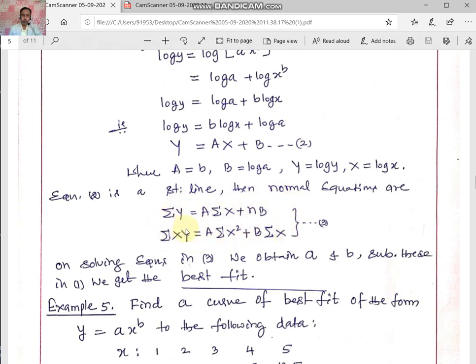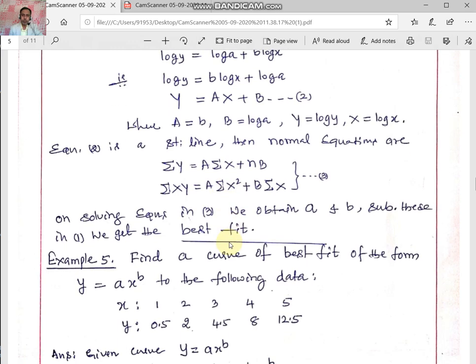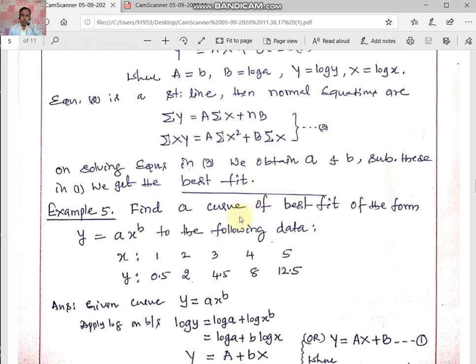Then solving these normal equations for the given data, we can find the unknown terms A and B. So in the next example we can see this. Find a curve of best fit of the form y is equal to a times x to the power b to the following data.